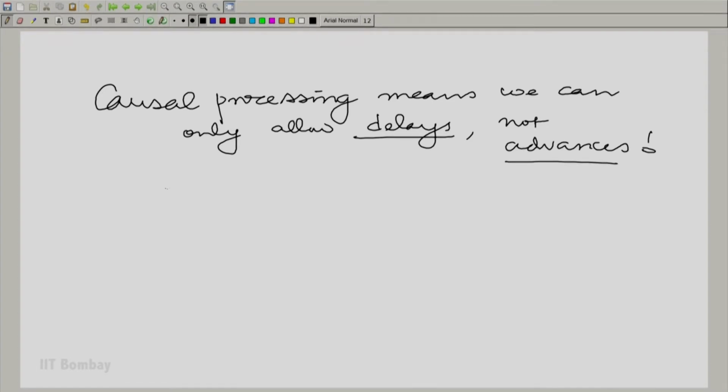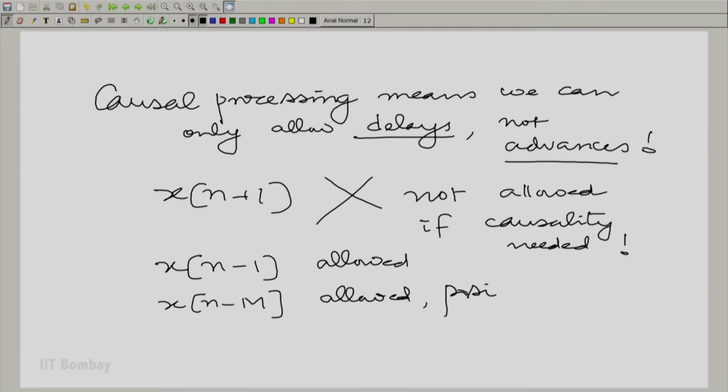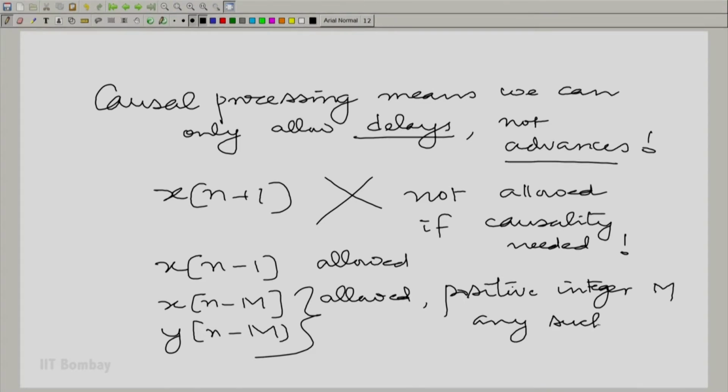So, we can't, for example, do x of n plus 1, not allowed, if you want causality. But x of n minus 1 is allowed, and x of n minus m is allowed for positive integer m. Similarly, y of n minus m is allowed, again for positive integer m, any m. And in fact, we can realize this n minus m business by using one step delays at a time.